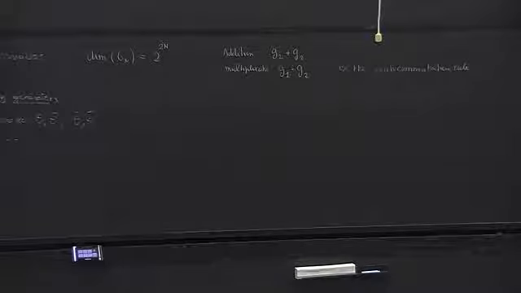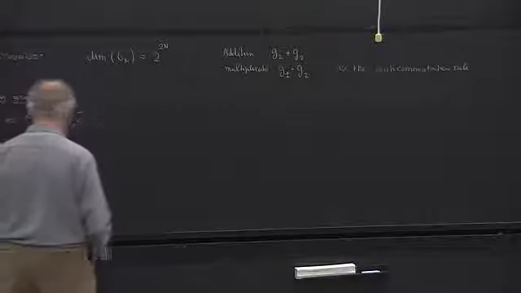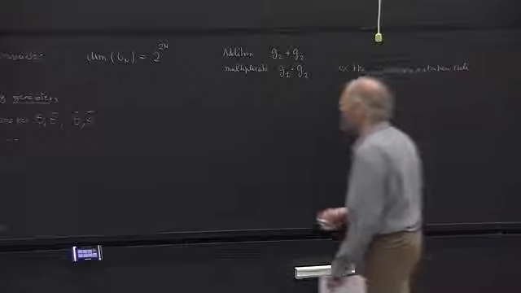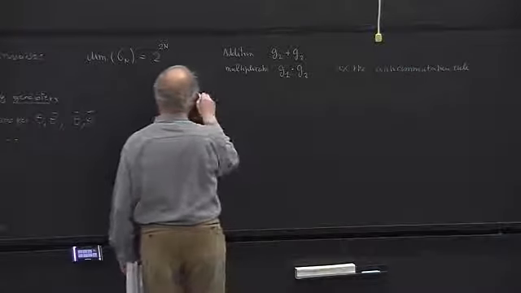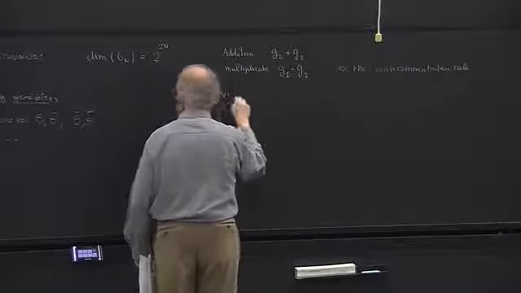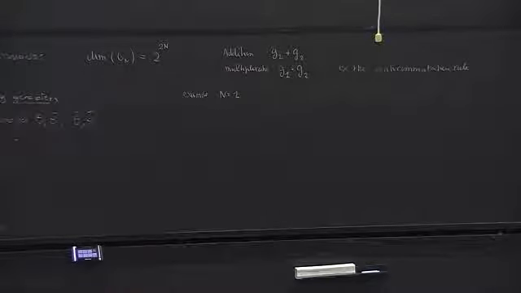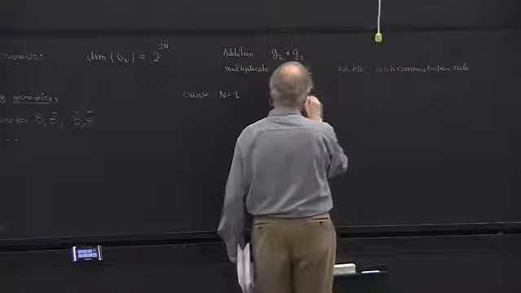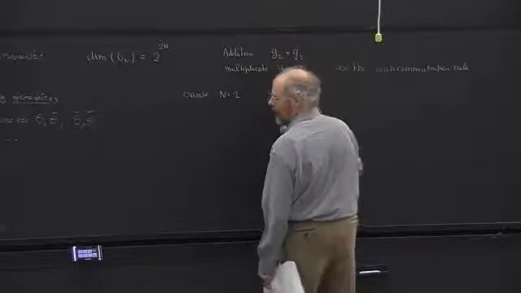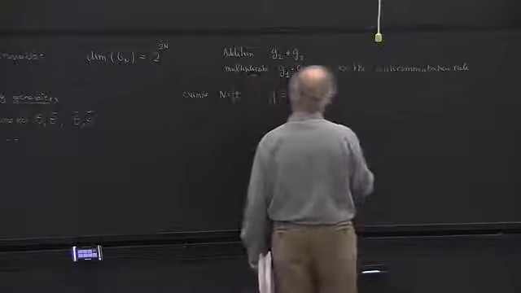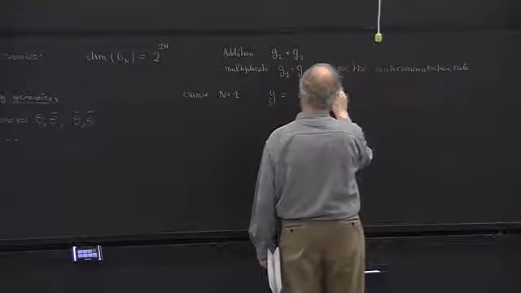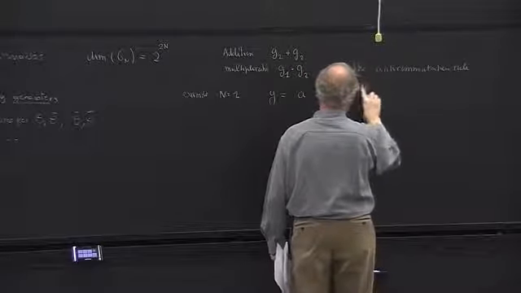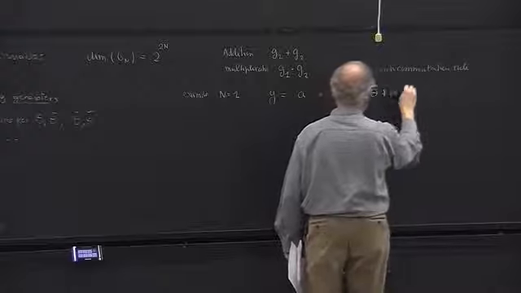I don't think I have an example here, but I think you have seen that. For instance, let us consider the case n equal 1. Example, n equal 1. So you have only one theta and one theta bar. So a general G is of the form A plus B times theta plus C times theta bar plus D times theta theta bar.